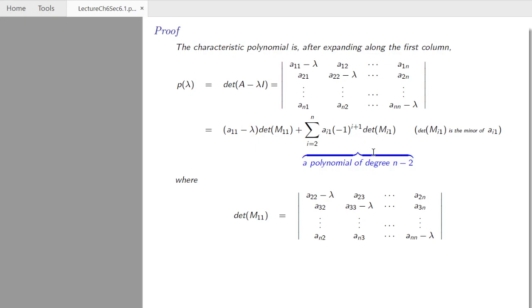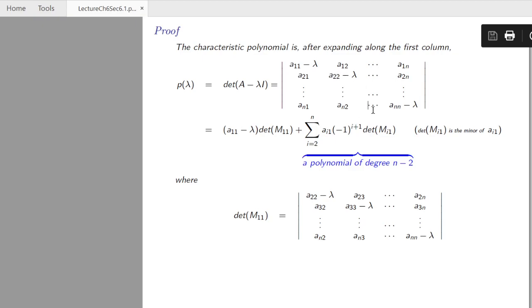From this, we can say Ai1 doesn't have lambda involved. Just look at the determinant of Mi1. We can say this determinant here is a polynomial of lambda. And let's take a look at the minor of A11.